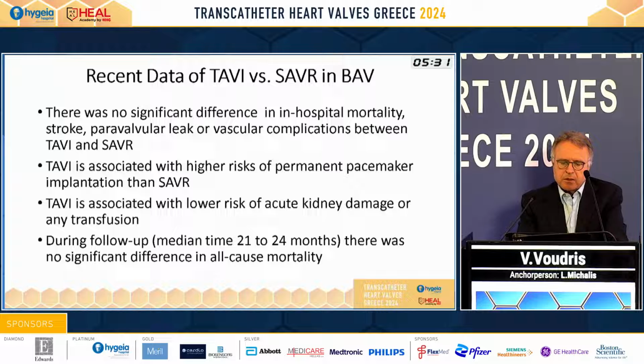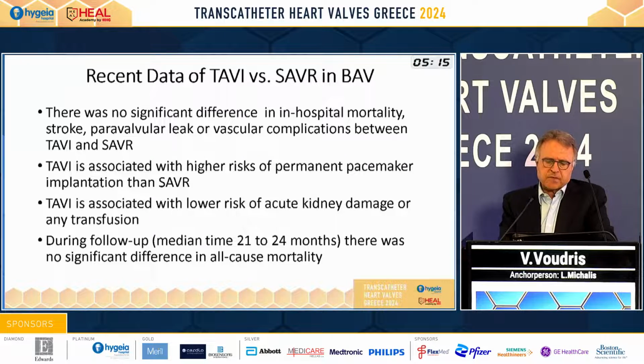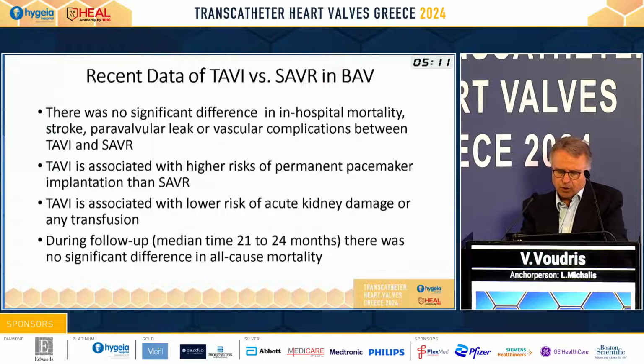TAVI is associated with a higher risk of permanent pacemaker implantation compared to the surgical procedure, and a lower risk of acute kidney damage or any transfusion. At follow-up, median time 81 to 84 months, there was no significant difference in all-cause mortality.